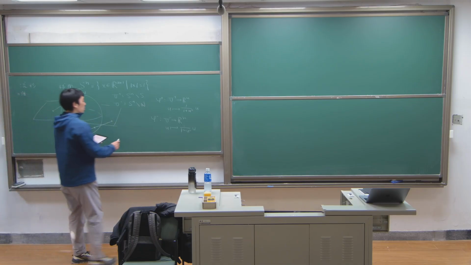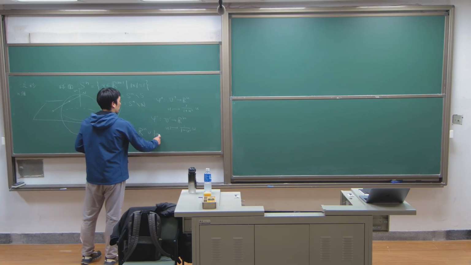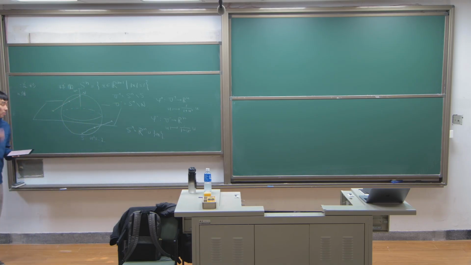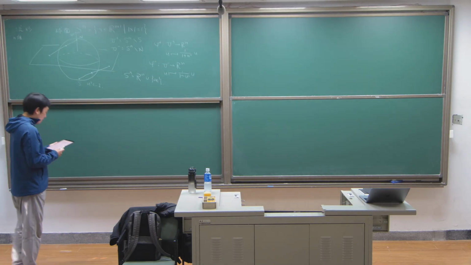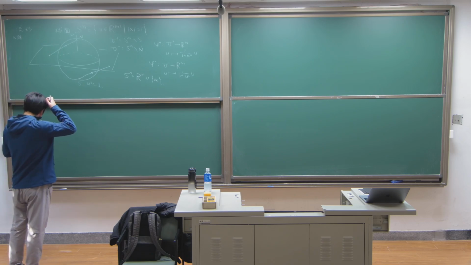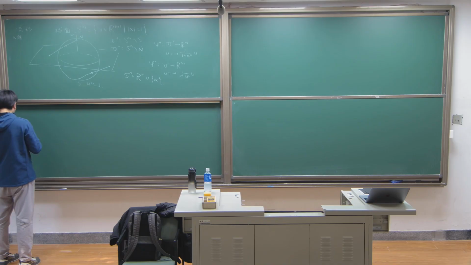So therefore, often people just write down Rm instead of Sm. So this is called stereographic projection.